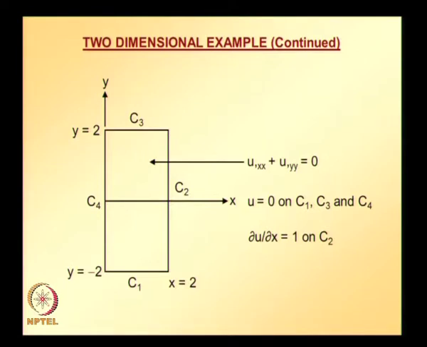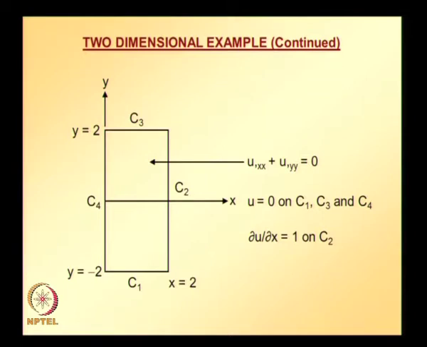The equation of C1 is y equal to minus 2, the equation of C3 is y equal to 2, and the equation of C4 is x equal to 0. So, the admissible trial solution should consist of these terms, that is y plus 2, y minus 2 and x.